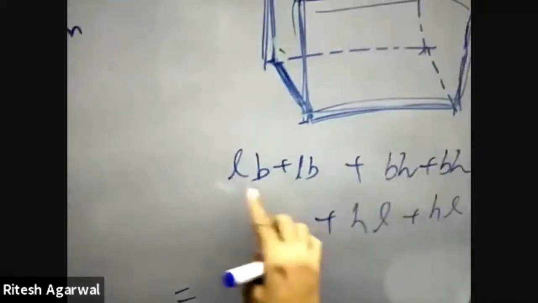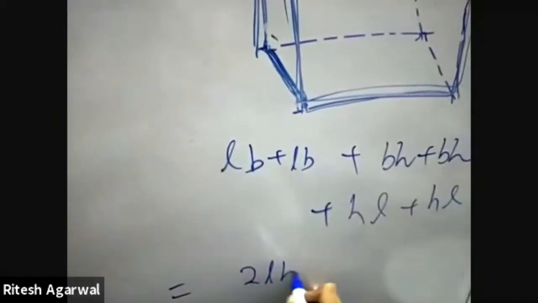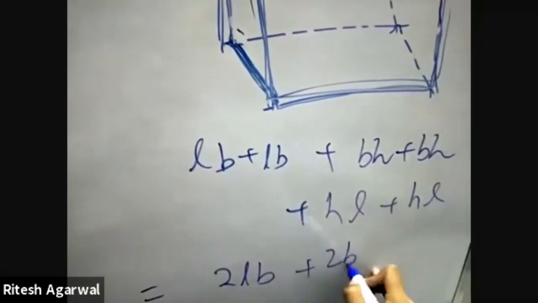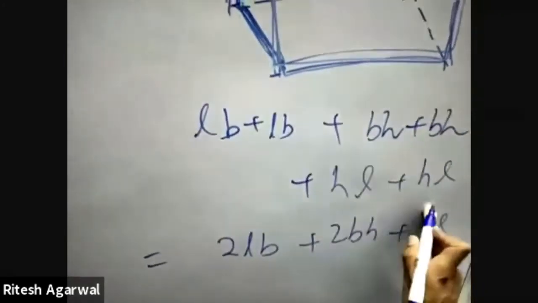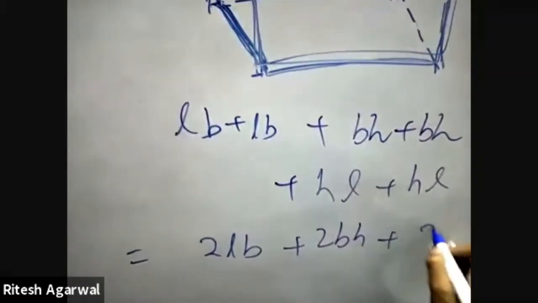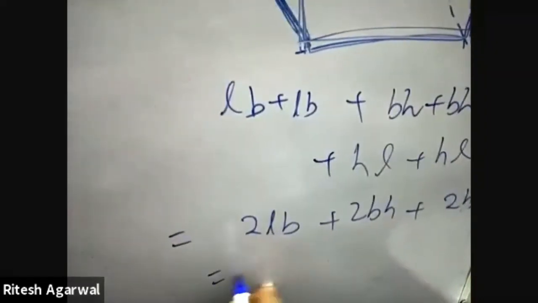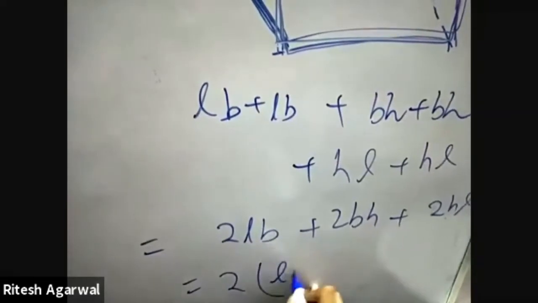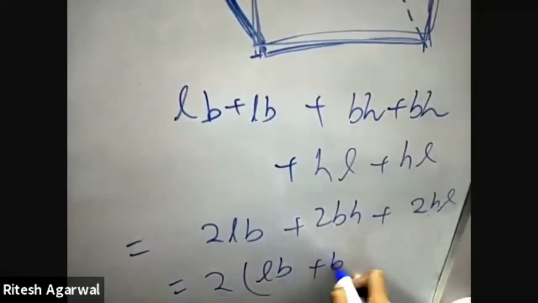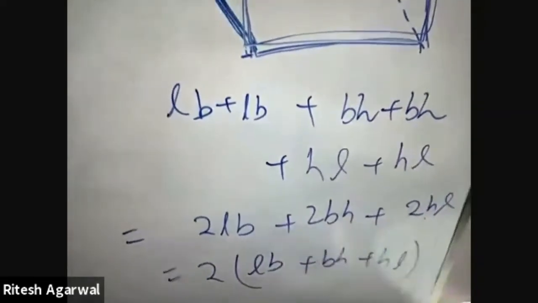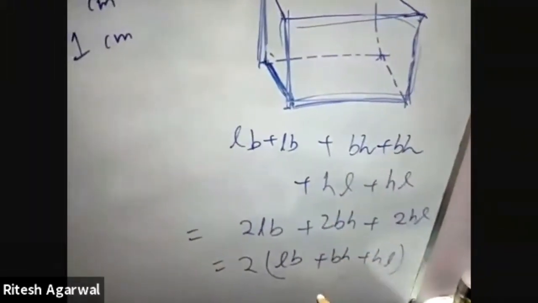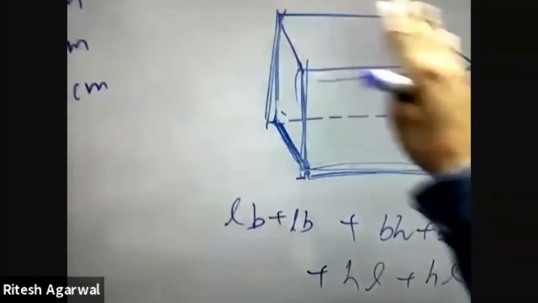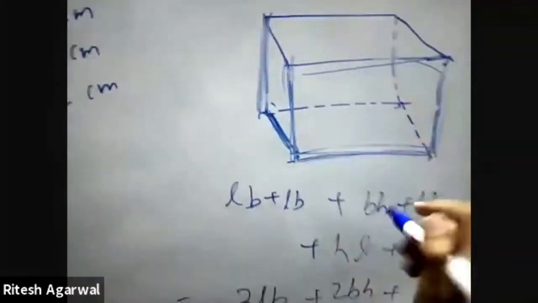So it will be twice length into breadth, plus twice breadth into height, plus twice height into length. Now if you take 2 common, then we will have 2 into (LB plus BH plus HL). So this is the total surface area of the cuboid, which means the surface area of all the 6 surfaces.